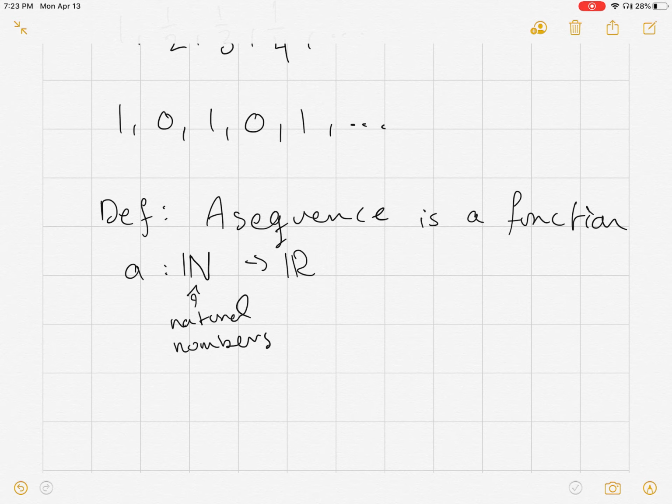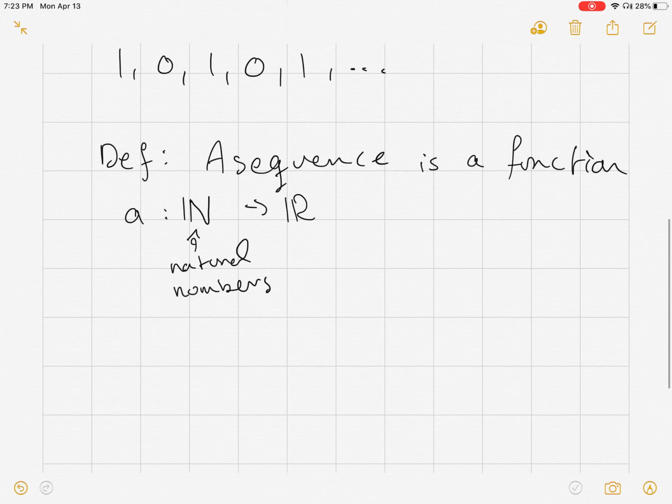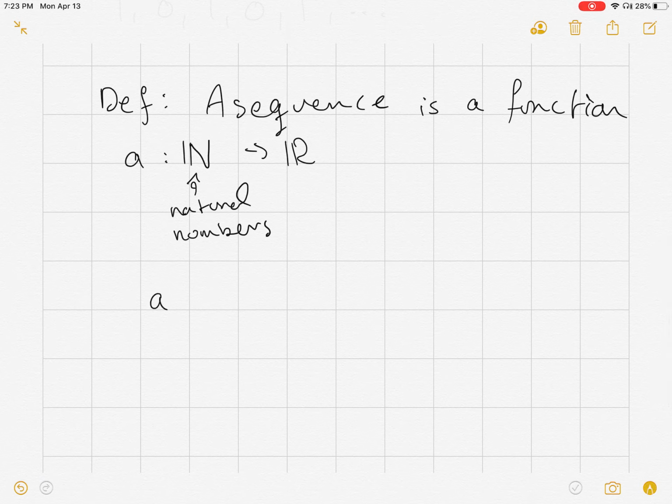Okay? An example of something that would do that would be something like a of n is equal to n squared minus 1. That's a function. We can put natural numbers into it, and it's going to give us real numbers out of the other side.